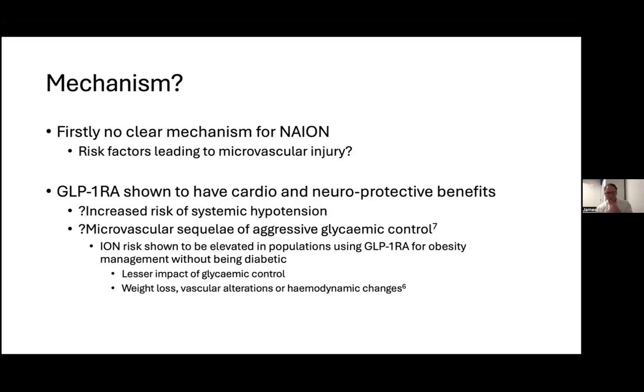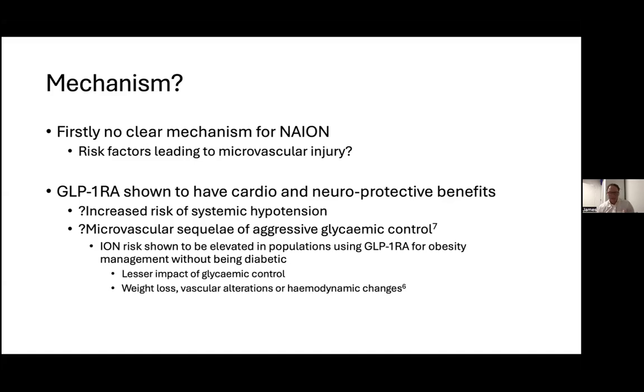So is there any established mechanism for how these drugs may be increasing the risk of NAION? Unfortunately, we don't really have a good idea of the mechanism behind NAION in and of itself, so that doesn't help. There's some thoughts that potentially at the receptor level, changes to the microvascular environment at the optic nerve could be contributing to hypotensive episodes, which is a prevailing theory for NAION at the moment.